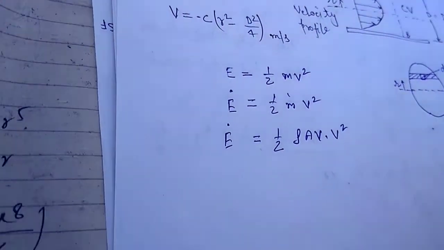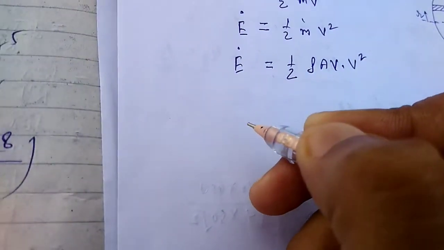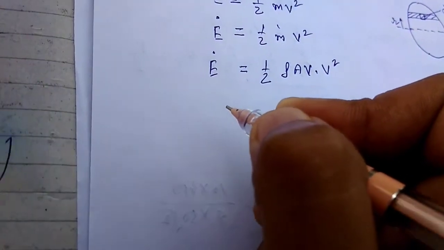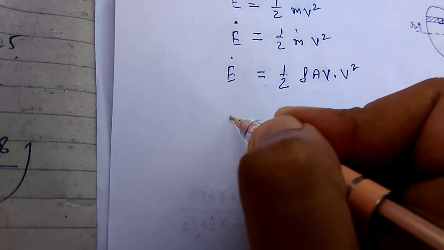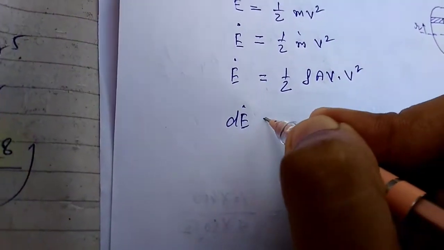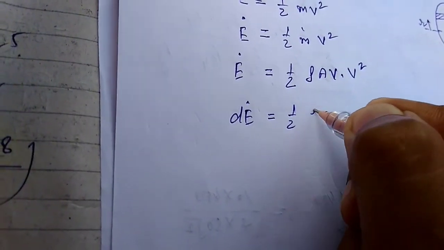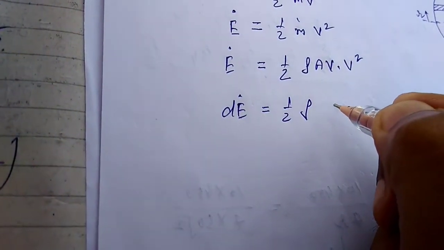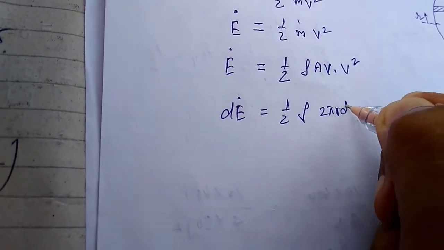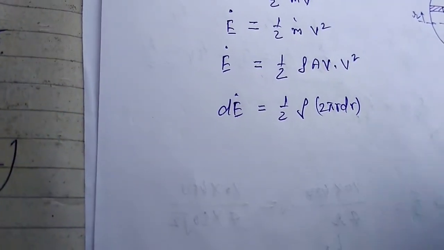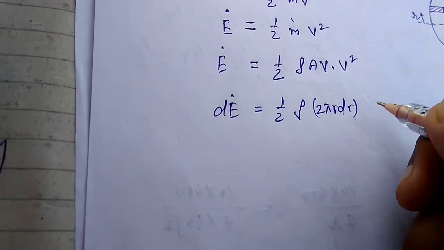Writing the rate of kinetic energy of an elemental area, dE dot will be equal to half of rho A v cube. A can be written as 2 pi r dr, because we are talking of an elemental area.